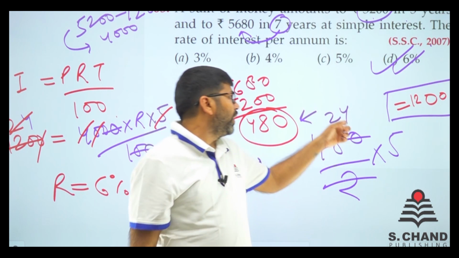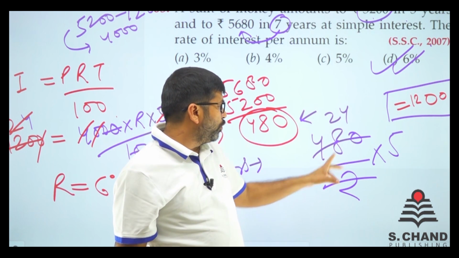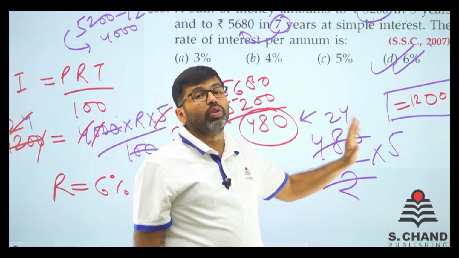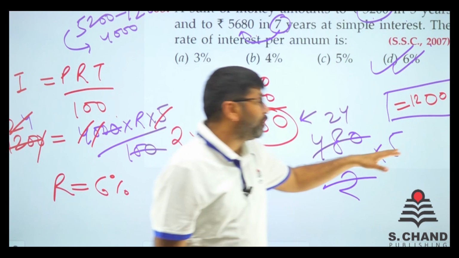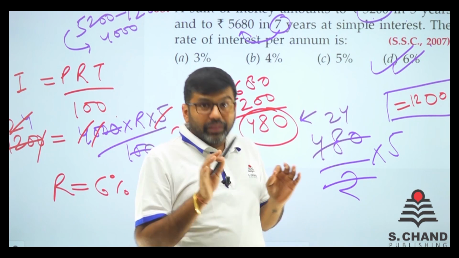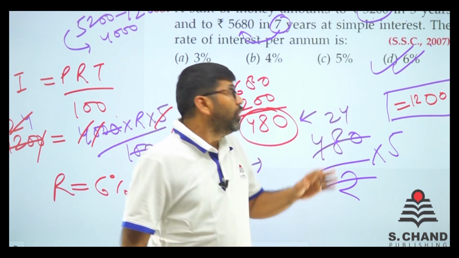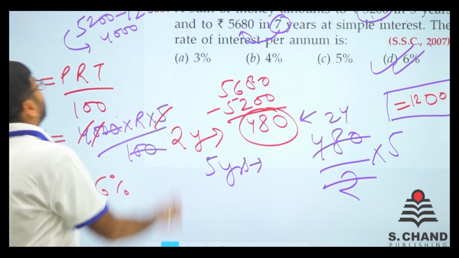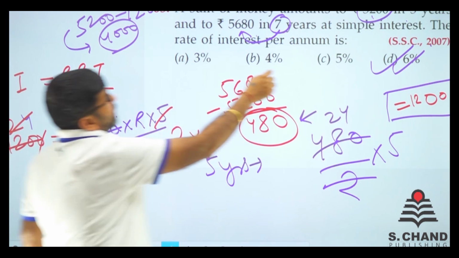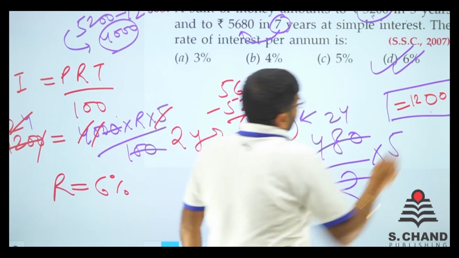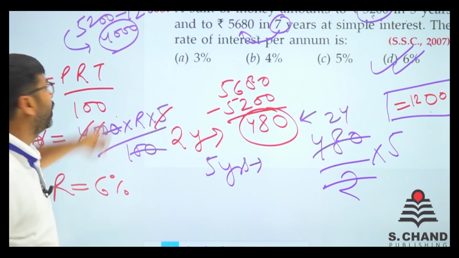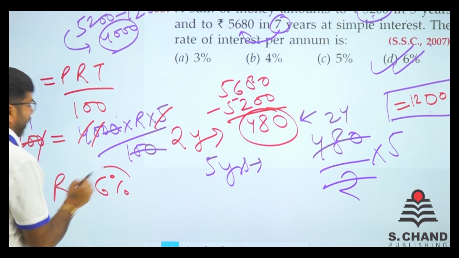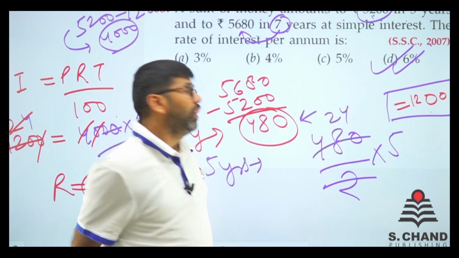Multiply it by 5, you get 1200. This 1200 is 5 years interest. So this is interest, this is the total amount. We can get the principal amount as 4000. Just subtract 5200 minus 1200. We will get 4000 as principal. So now we have principal, we have time, we have SI. Just do the simplification and get the 6% answer. Here we go.